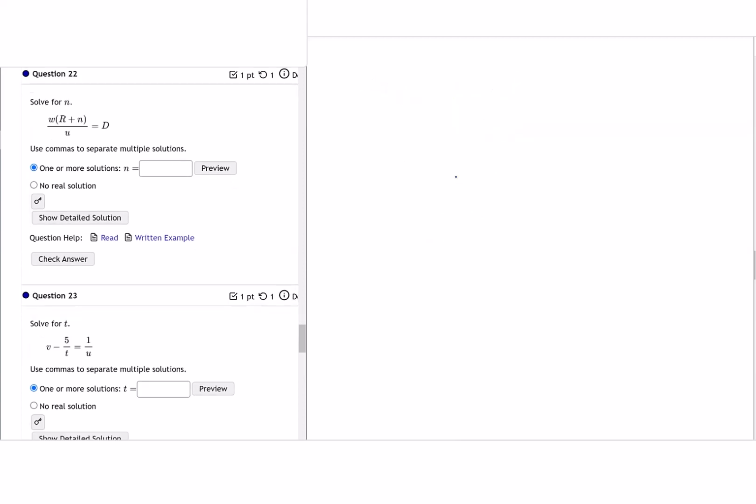Number 23, solve for n, and n is inside those parentheses. There's more than one way to do this problem. I have to get that n, and it's really embedded inside that function. So what I want to do is first, I'm going to get rid of that u.